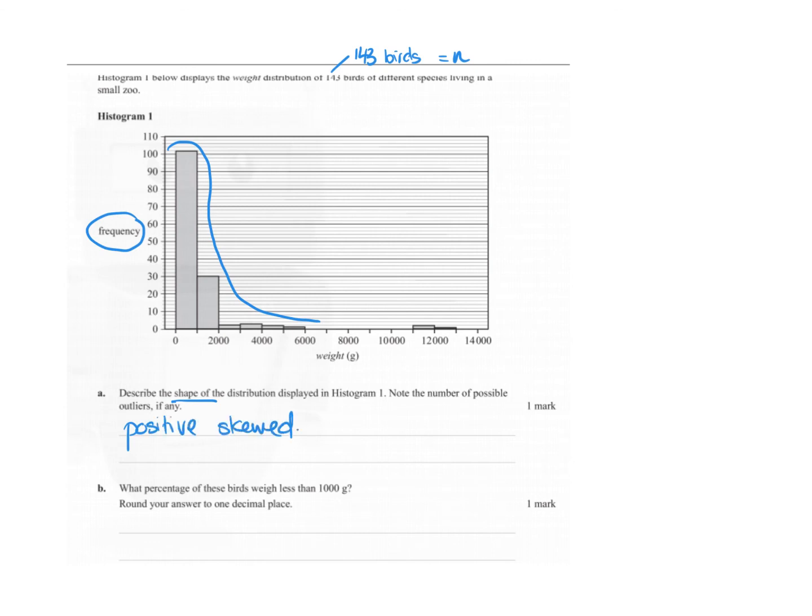And then I'm going to say these are the possible outliers, and we will just mark it so it looks like 11,000 and 12,000.